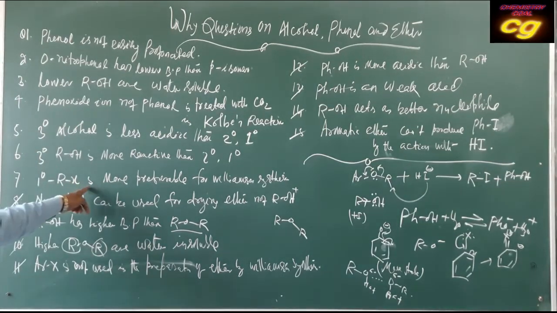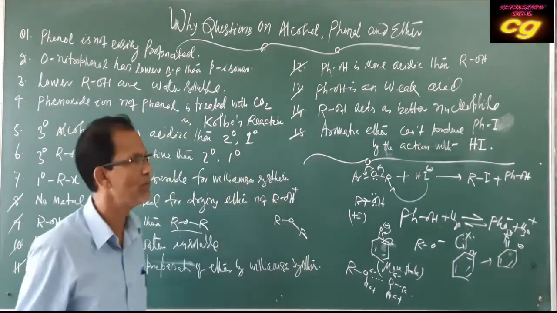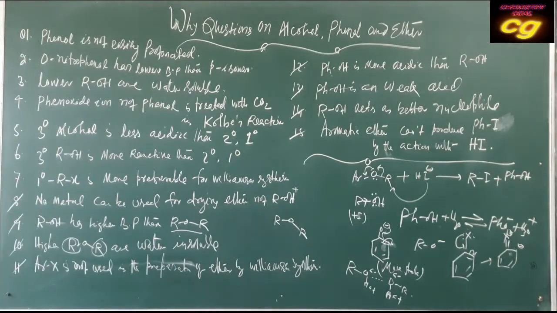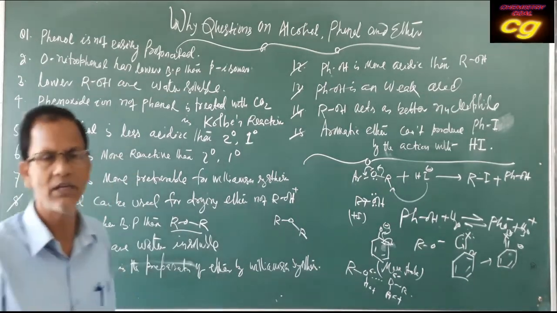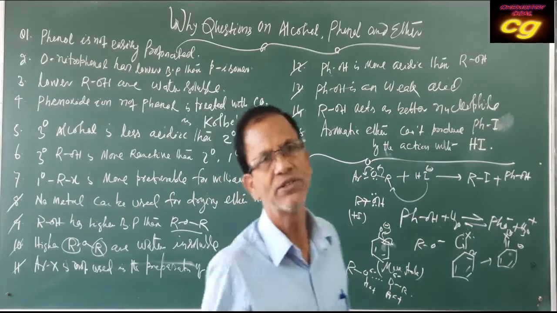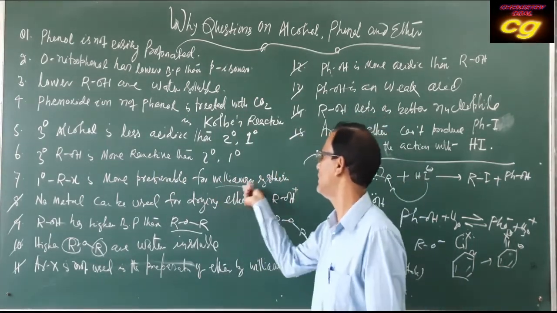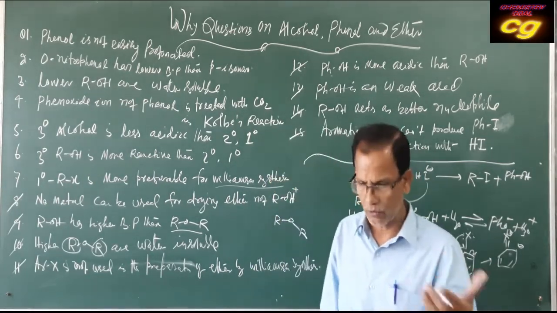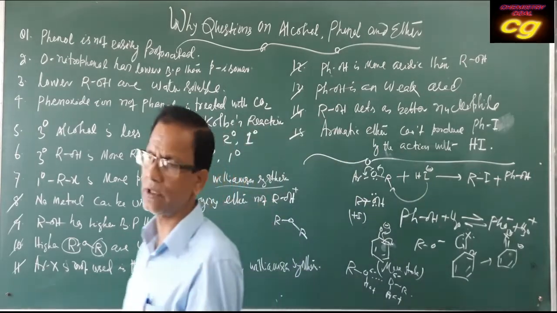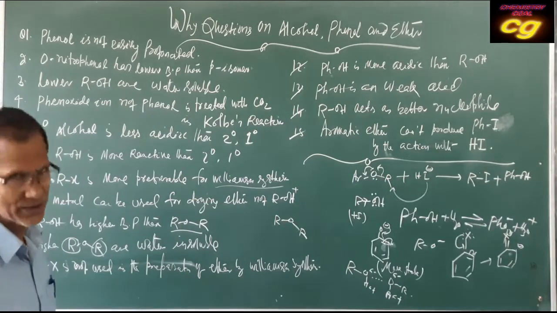Then primary haloalkane is more preferable for Williamson synthesis because primary haloalkane easily shows nucleophilic substitution reaction. If we use secondary and tertiary haloalkane, it shows elimination reaction. In Williamson synthesis, alkoxide ion acts as a nucleophile, but in the case of secondary and tertiary, alkoxide ion acts as a base.